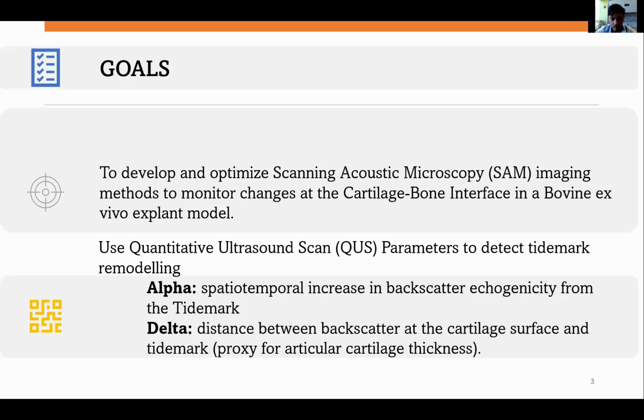Another parameter of interest is delta, which is the distance between the backscatter peaks coming from the tide mark and the cartilage surface, and it's a measure of the thickness of articular cartilage. By gauging the changes in these parameters, we can see evidence of structural changes in the cartilage tissue.